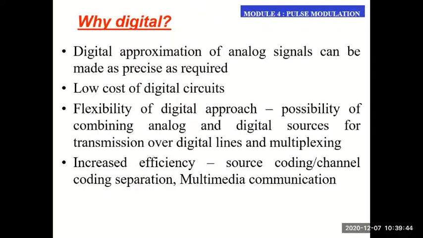We can improve that to a great extent if we add some additional data bits when we send, and those data bits are exclusively used to help us identify errors and correct them. Redundant bits or check bits you call them, right? All this you're familiar with. So efficiency is very high because we can do source coding and channel coding.